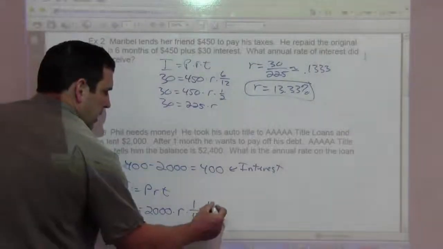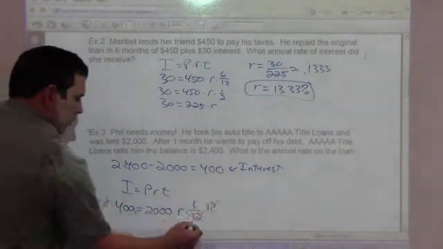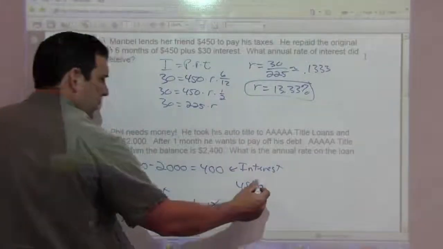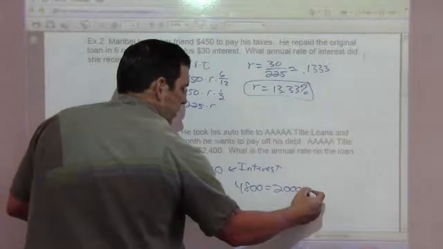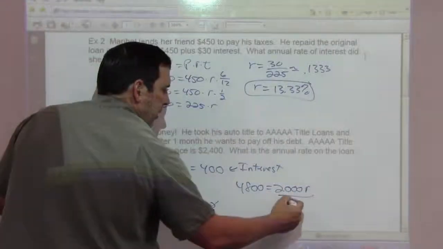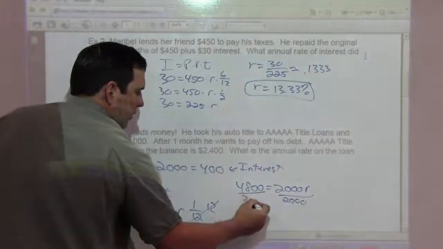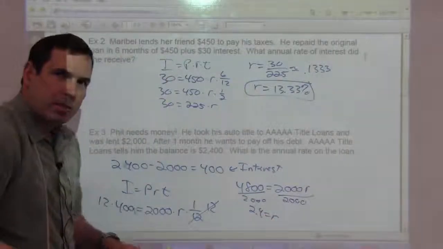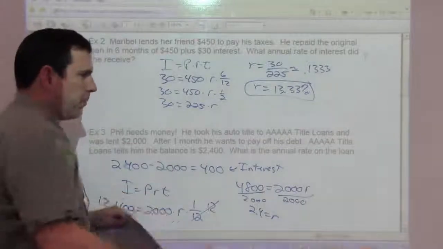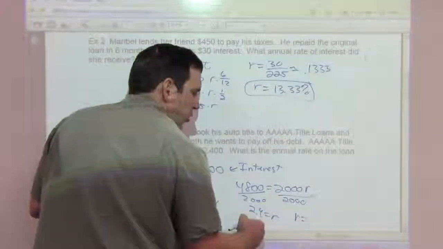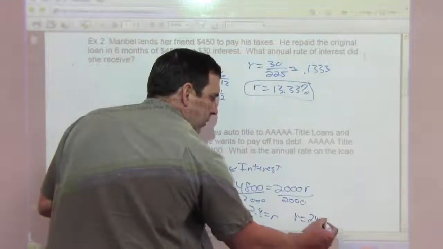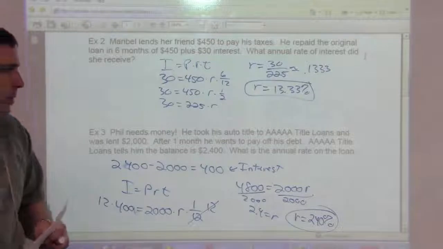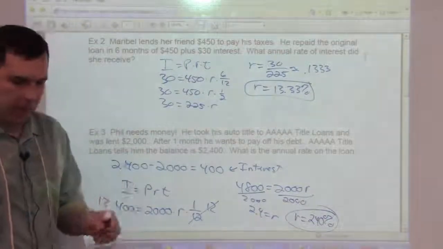So I'll multiply both sides by 12. 4,800 equals 2,000 times R, divided by 2,000, 2.4 equals R. Now that's not in percent form, that is the decimal form. So the rate is 2.4 times 100, or 240%. That's a high rate. When you borrow money from the title loan places, you're going to pay a high rate.